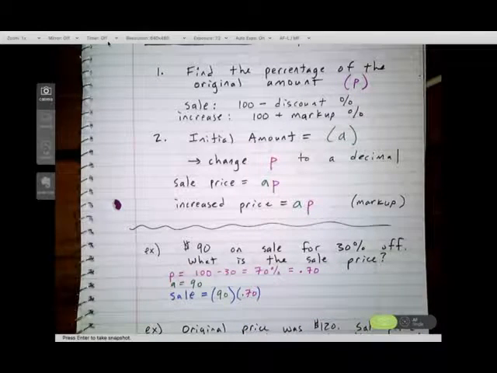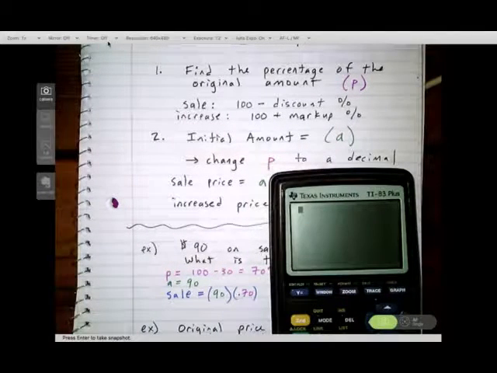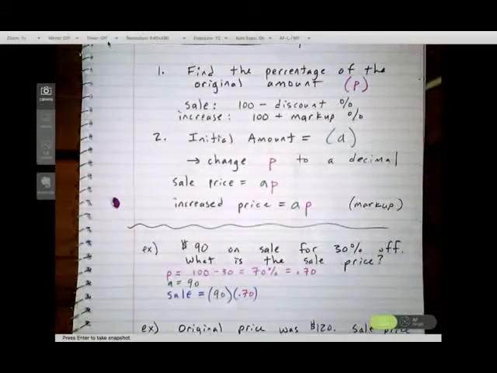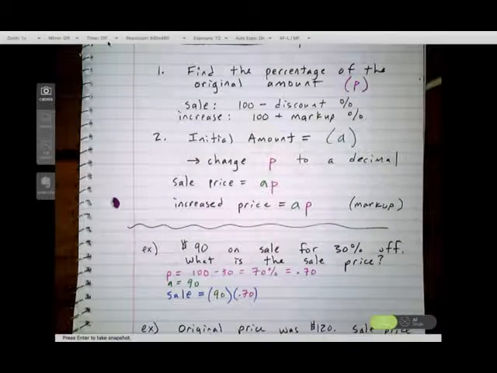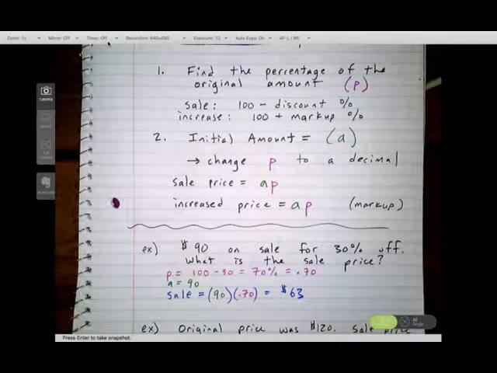So 90 times 0.70, and that's all we got to do. And again, use our little calculator here. Sorry, I know that can be a little hard to see, so 90 times 0.70 equals, and you can't see the answer, but there it is, 63 bucks. And that's the sale price. So the sale price will be $63 for a $90 item on sale for 30% off.